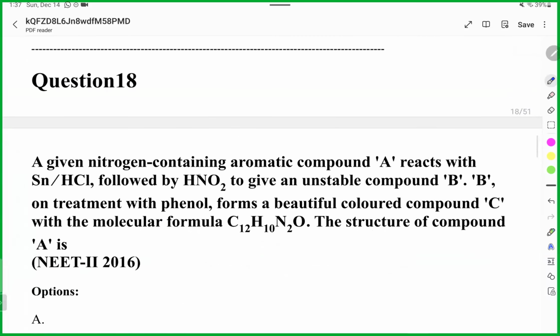Samarth. Nitrogen containing compound A reacts with Sn/HCl followed by HNO2 to give unstable product B. B on treating with phenol forms a beautiful colored substance. What is this beautiful colored substance? See this. What is the structure of A?